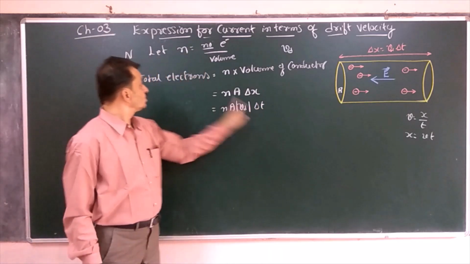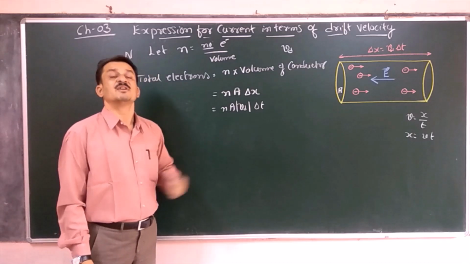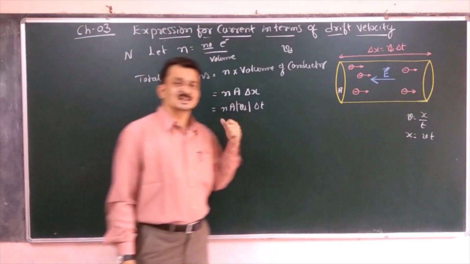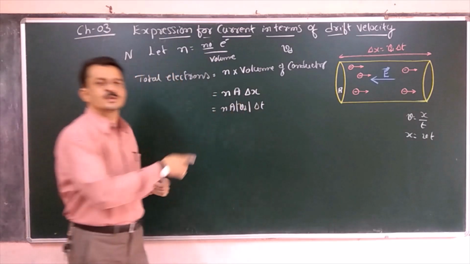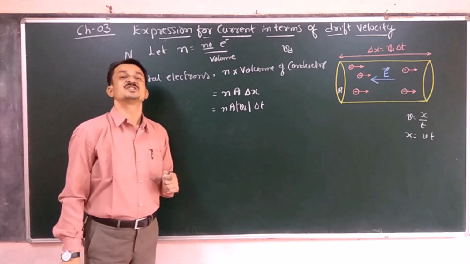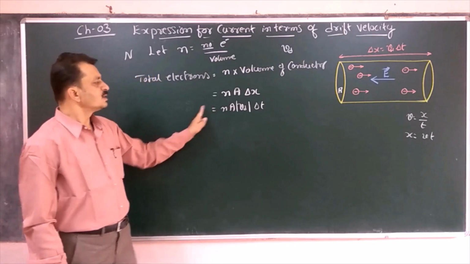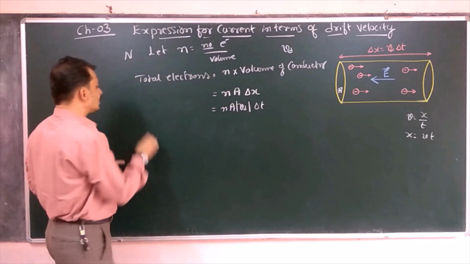Now this expression gives the total number of electrons. Then what is the total charge moving from left to right? What do we do? It is very simple. If I multiply this number of electrons by the charge of the electron, then this gives the total charge moving from one end to the other end.